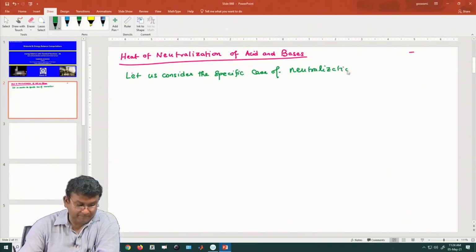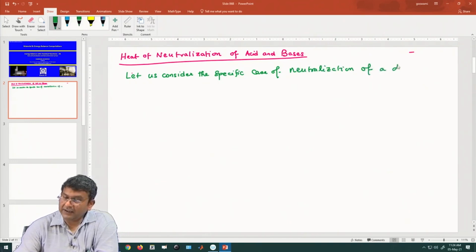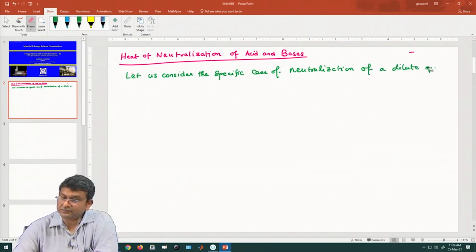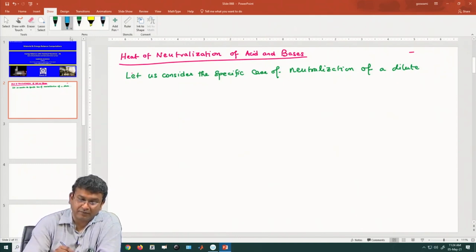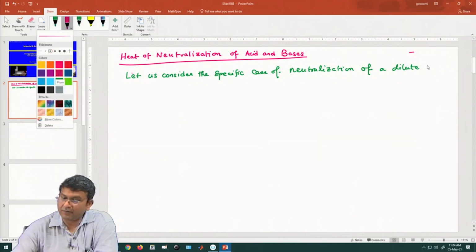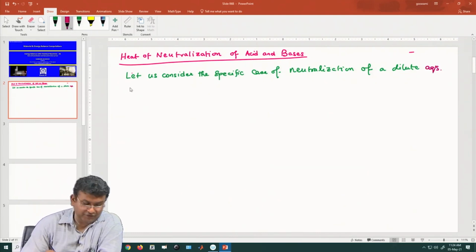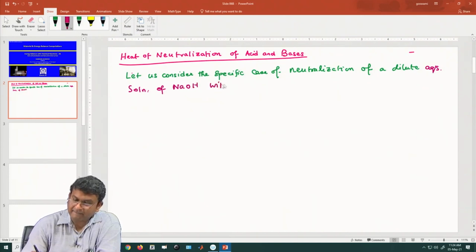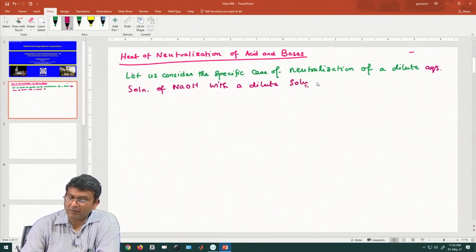Neutralization of a dilute aqueous solution of NaOH with a dilute solution of HCl.